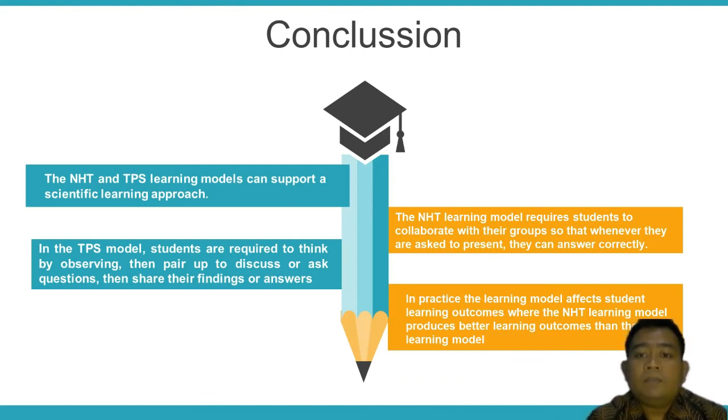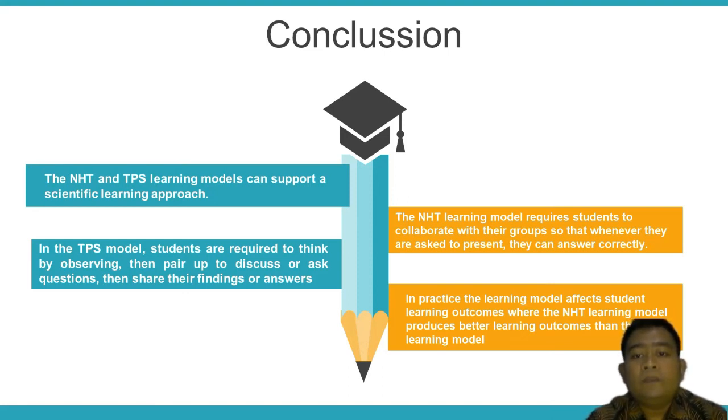Meanwhile, in the think pair share model, students are required to think by observing, then pair up to discuss or ask questions, and then share their finding or answer. In practice, learning model affects student learning outcome where the number head together learning model produces better learning outcome than the think pair share learning model.